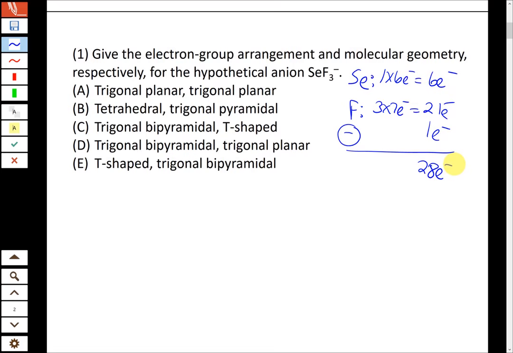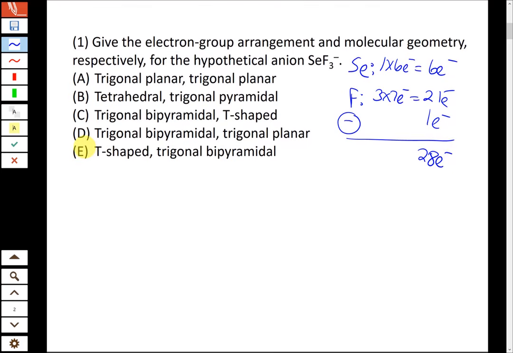All right, so then we're going to draw the structure. You probably have your own internalized method for doing this by now, but the step-by-step approach would be to start with single bonds to the outer atoms, so selenium and 3 fluorines, and then complete the octet of the outer atoms next. Unless it's hydrogen, which only would form 1 bond, you need to add additional electrons to get up to a total of 8.